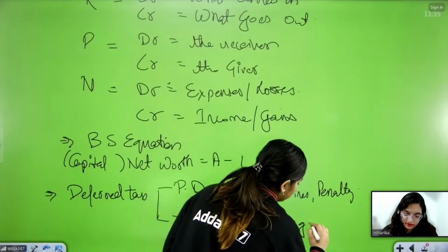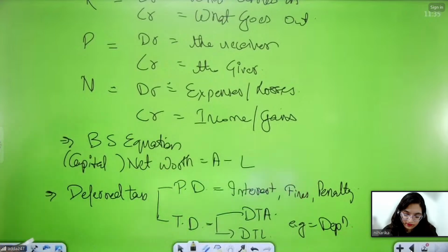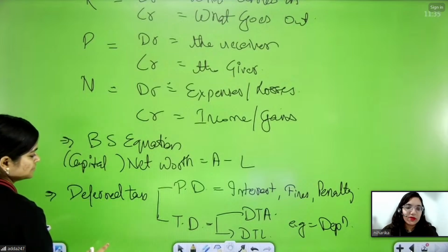Generally, we take the example of depreciation in this. Deferred tax is basically because of the fight between the Companies Act and the Income Tax Act. Because these two have a different treatment of various items, we get a situation where the difference can be permanent or temporary.